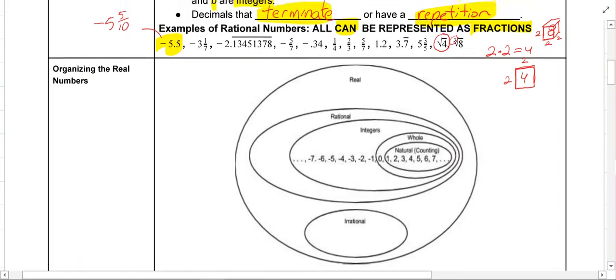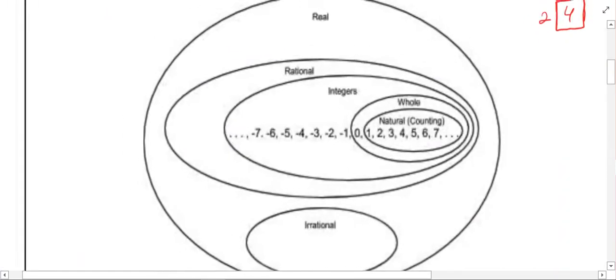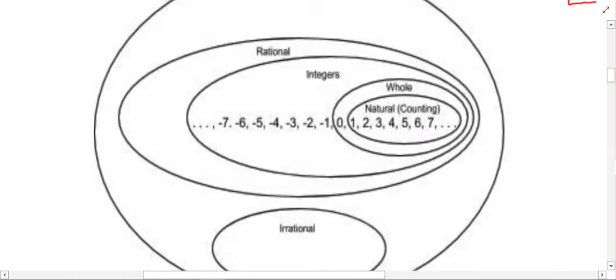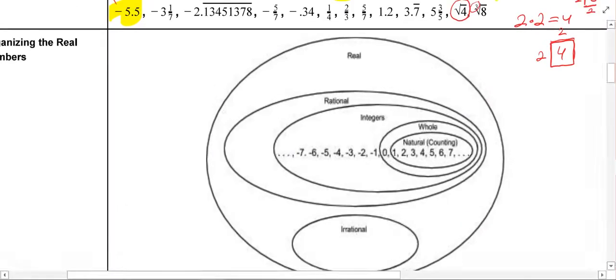How do we organize these things? I'm going to make this bigger so we can all see, and then I'll zoom out as we get closer. I want to start in the very center. Well, actually, I want to start out here. We've been learning about the real number system. Now, the real number system, you notice I have an oval circling it. I don't think ovals can circle, but you get the idea.